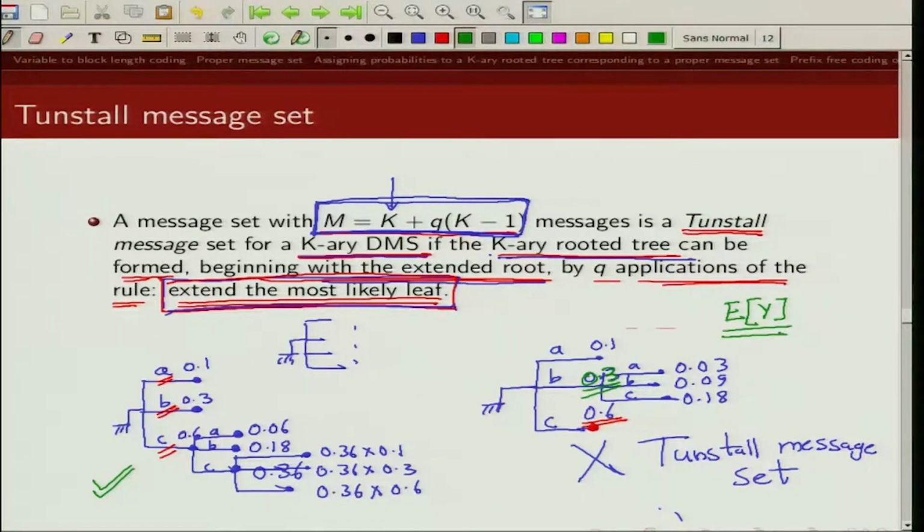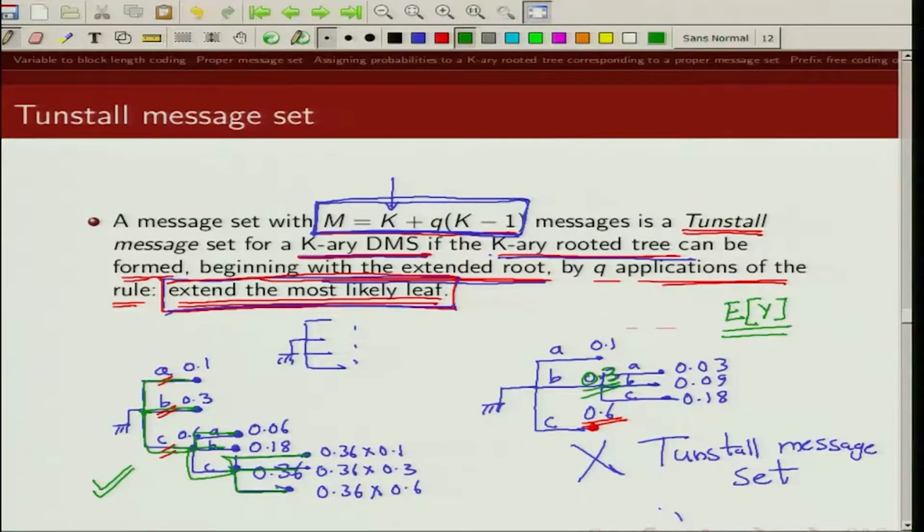Now what is the expected value of Y? Y is essentially the length of the parse sequence, the average length of the parse sequence. So in this case you are parsing the sequences like this: A, B, C, A, C, B, C, C, A, C, C, B, C, C, C, like that you are parsing, right? So what is the expected value of Y?